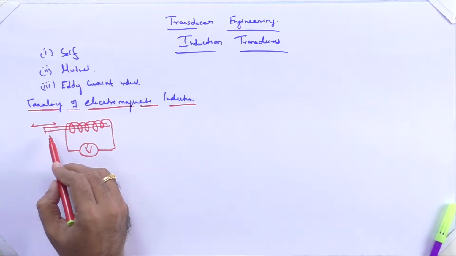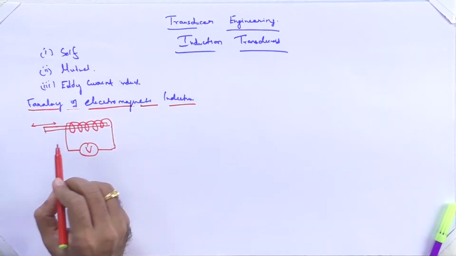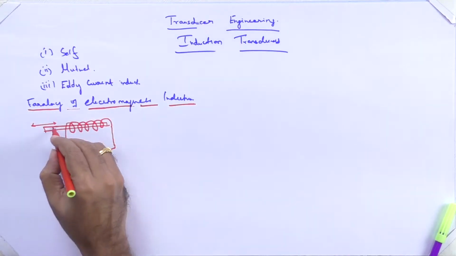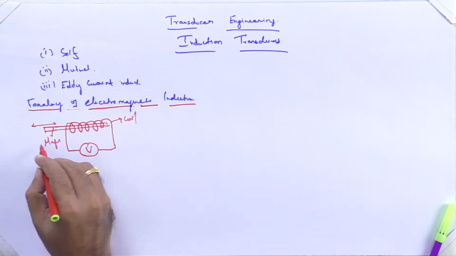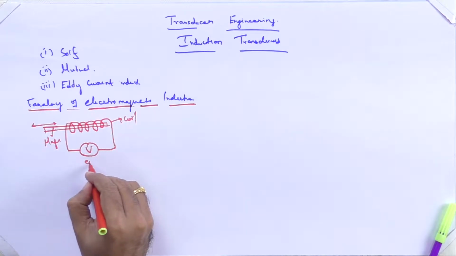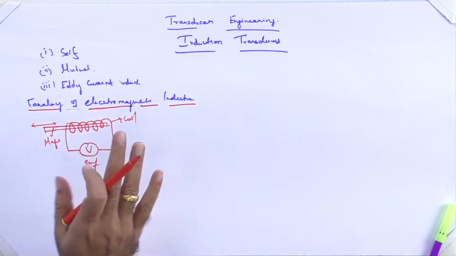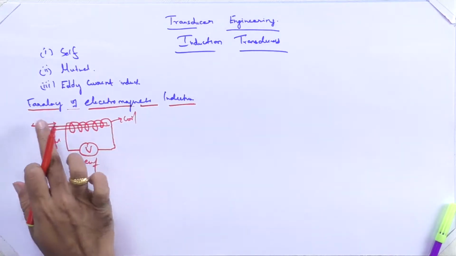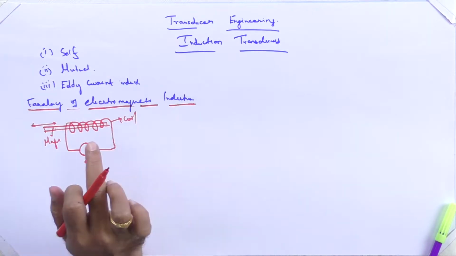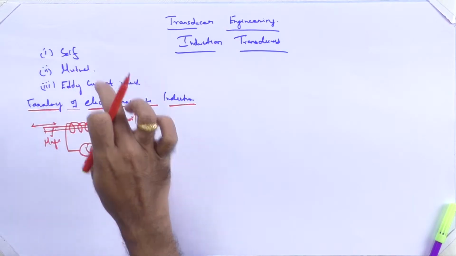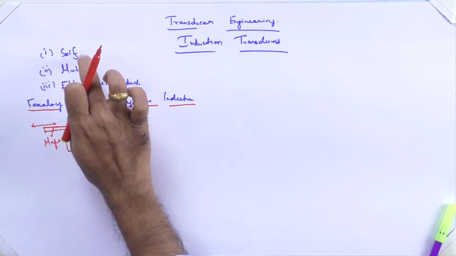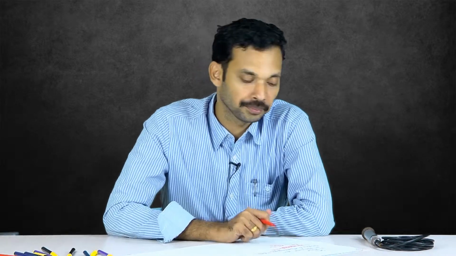This is the magnet, this is the coil, and because of this movement you have an EMF generated. This principle is called Faraday's law of electromagnetic induction, and the transducers that work on this principle are called the self-induction based transducers.